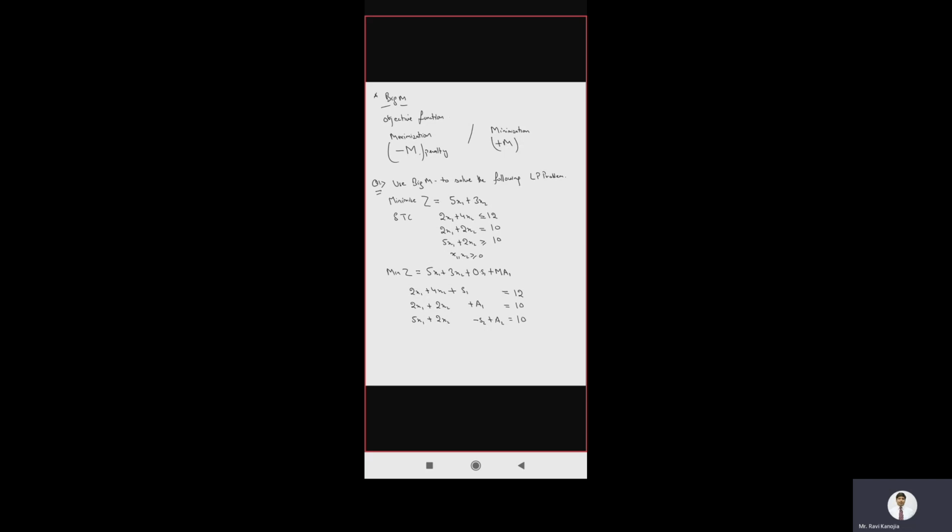Okay. So what we have done is we have added 0 s2 plus M a2. And now we have variables x1, x2, s1, s2, a1, a2, all having the non-negative constraint.